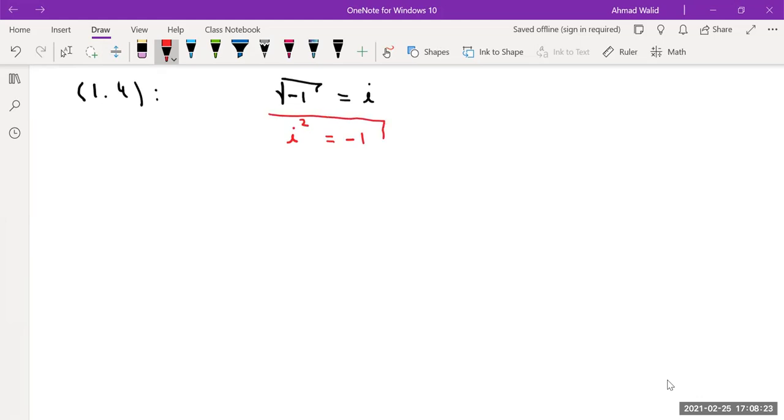I changed the color to red to explain to you that when you are multiplying complex numbers, remember this rule: the value of i squared is always -1.